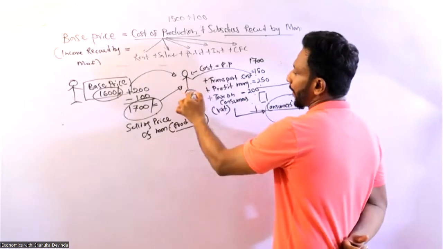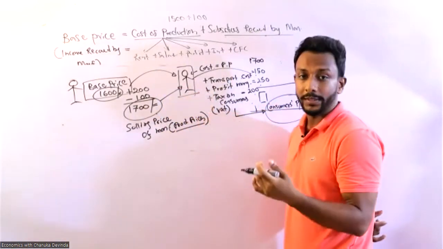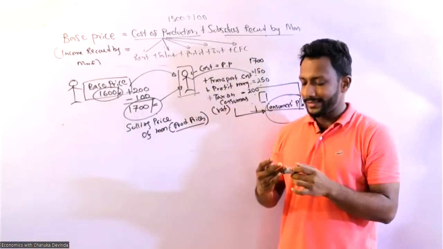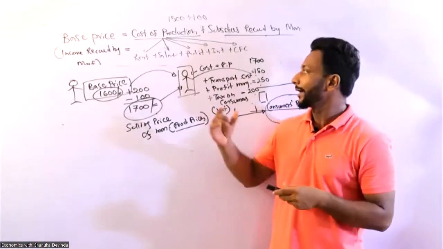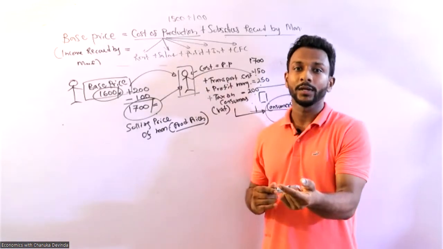Why does he add non-deductible tax? Because the liability of the consumer's VAT should be paid by the intermediary, right? The vendor should pay the consumer's tax.